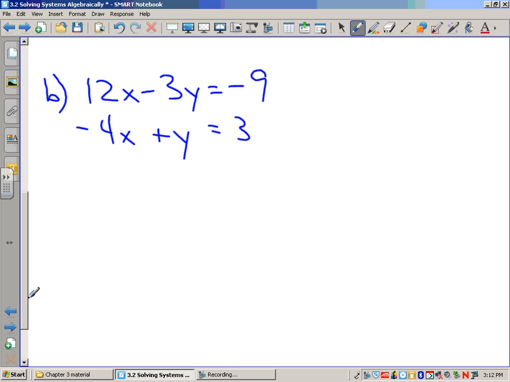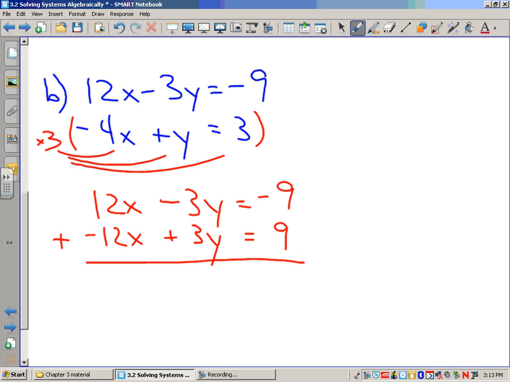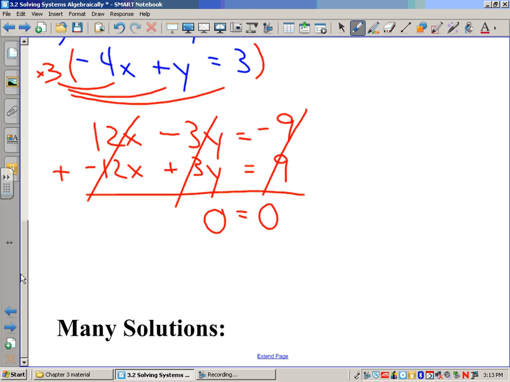So now we have this one. Let's say I did this one by elimination. So I multiplied this equation by 3. Top one stays the same. I multiplied by 1. Bottom one, negative 12x plus 3y equals 9. If I add that, that goes away, that goes away, that goes away. I got 0 equals 0. Now, I could get 5 equals 5, 6 equals 6, 80 equals 80.